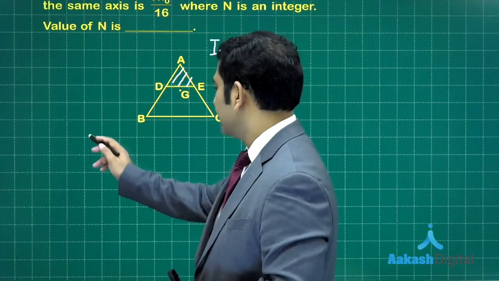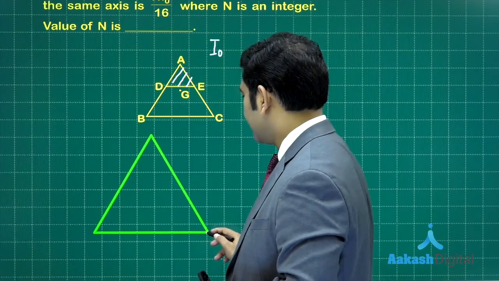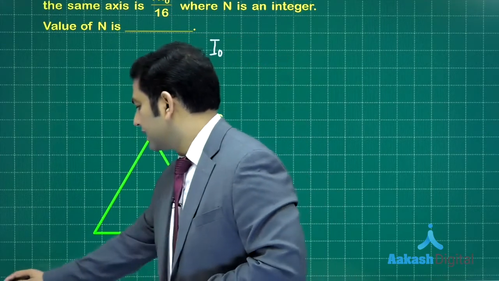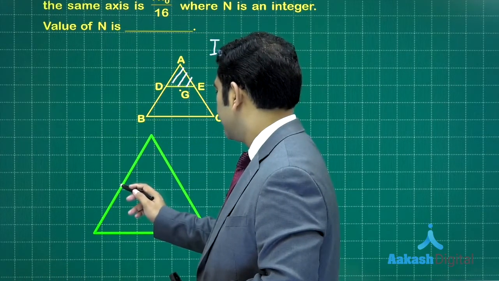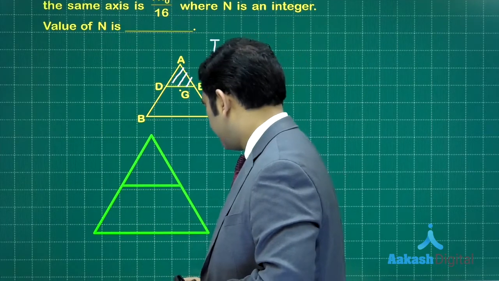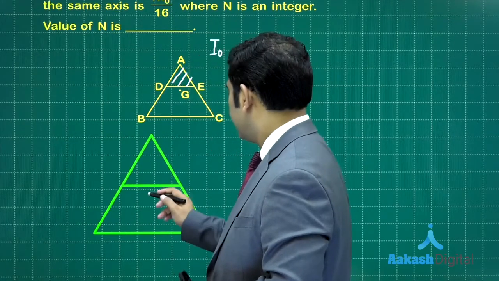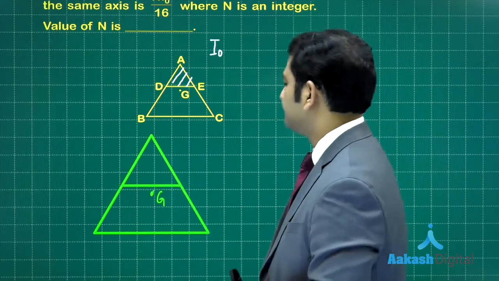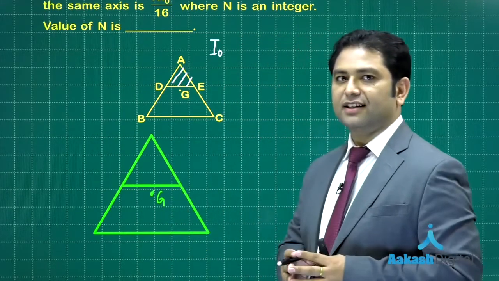So let me start with a figure here, making it a bit larger so that you get a nice visualization. And after that, let me draw the midpoints as well. Somewhere here is the midpoint, and this is the given point G, the centroid. Now just think carefully.